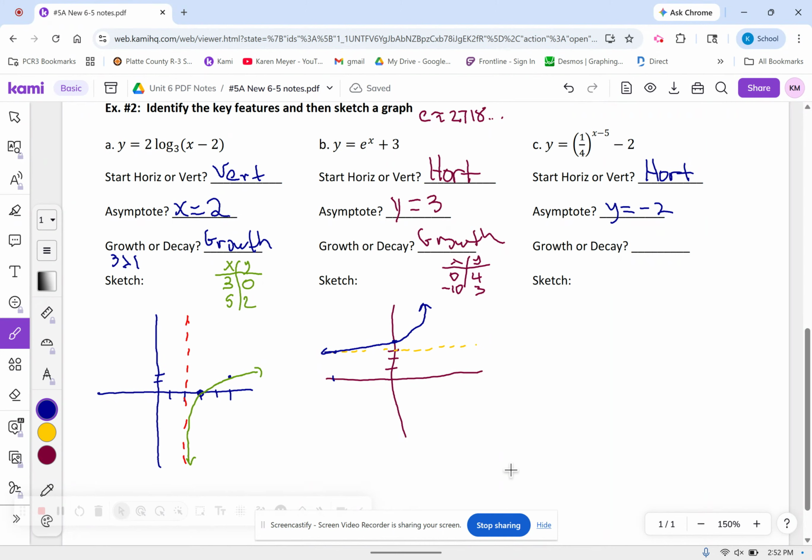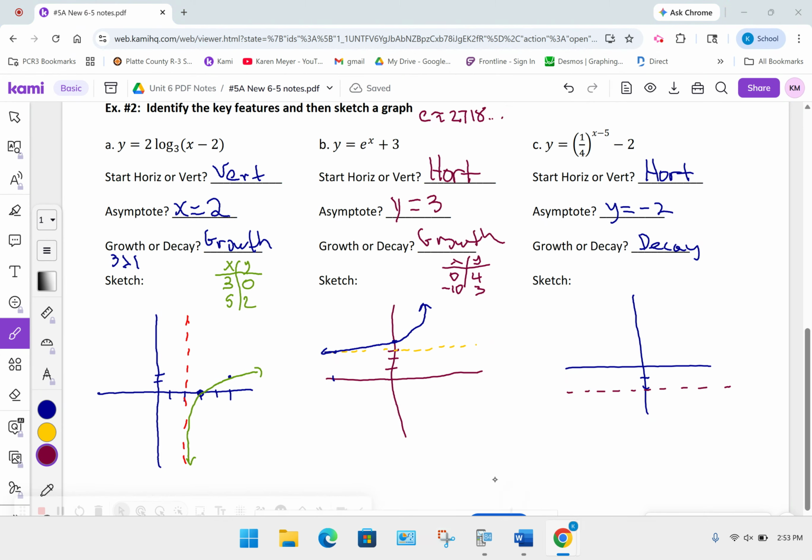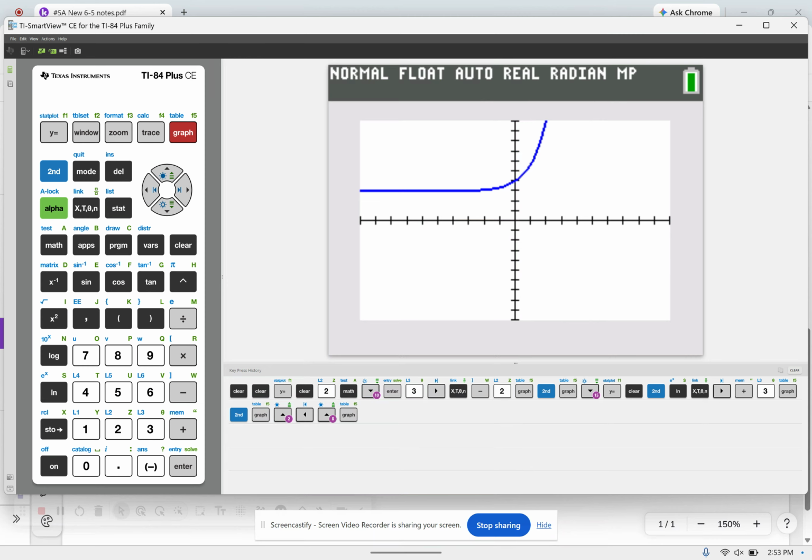This time our b is 1/4. 1/4 is in between 0 and 1, so that's going to make this one a decay. So I'm going to go ahead and put in my dashed line here at -2 horizontally. And then I'm going to go get my calculator and type this in.